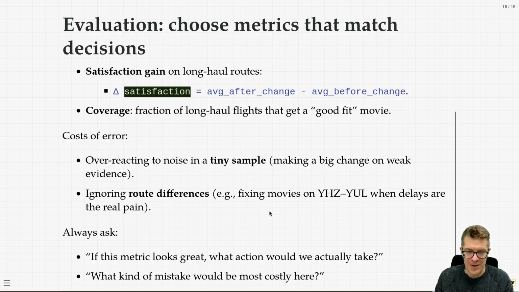So just keep that in mind also. You always have to ask: the metric might look great, you might have computed something that seemed reasonable at the time, but does this actually help you take actions that have some material effect on whatever it is you care about, i.e. satisfaction in this case? And what kind of mistake would be the most costly?